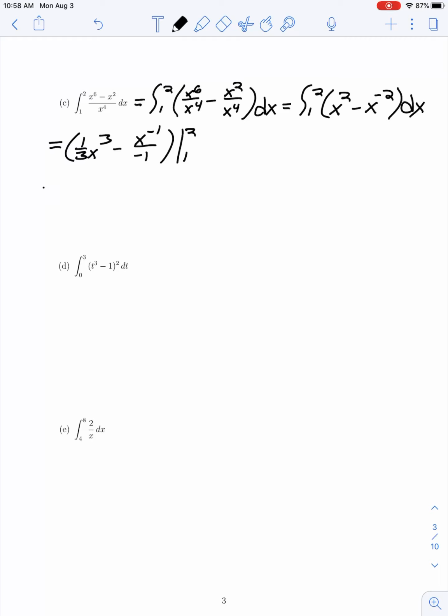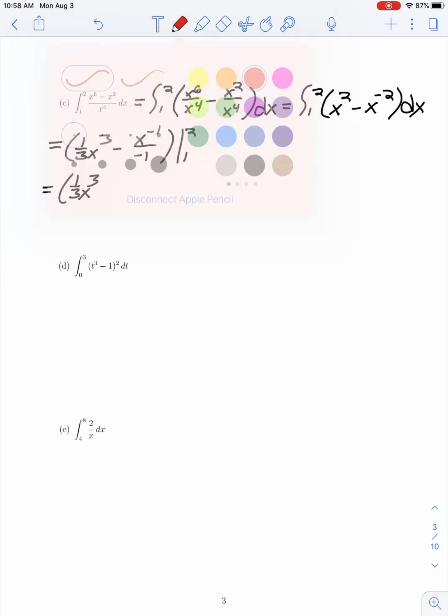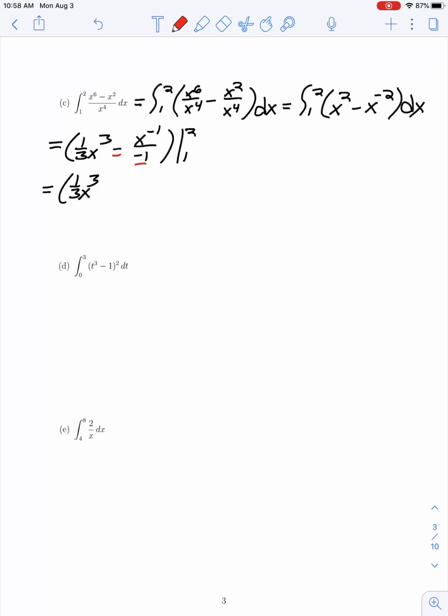So simplifying a little bit, we have 1/3 x cubed. And as I mentioned, when we're subtracting, and then we have division by this negative 1, that will just change the sign of this term. We get a positive x to the negative 1, which is just 1 over x.